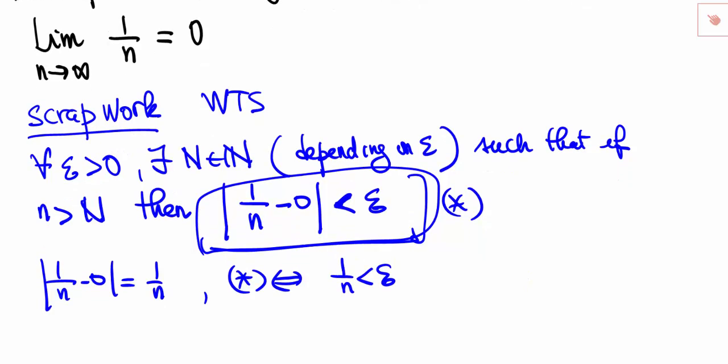So we want to reach this, which essentially means that if you give me any epsilon which is positive, I would like to be able to find a natural number N which depends on epsilon, so that as long as little n is bigger than capital N, then 1 over n is going to be less than epsilon.